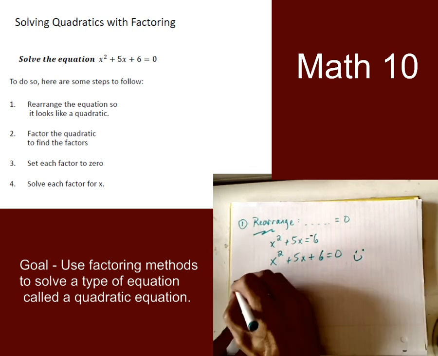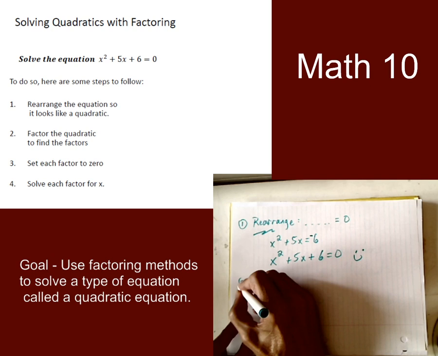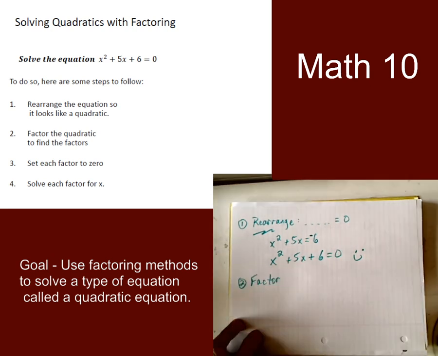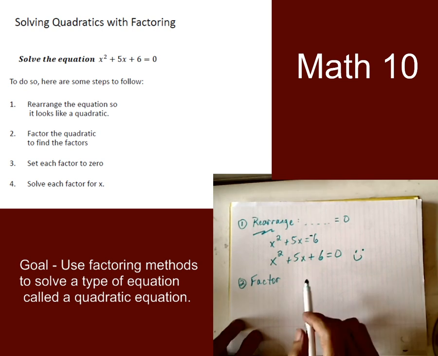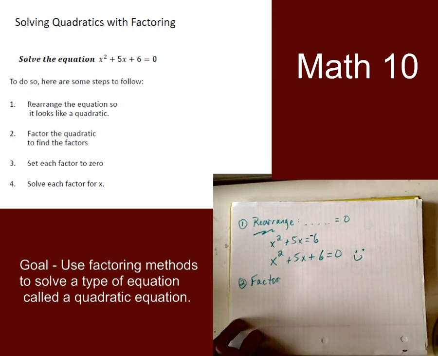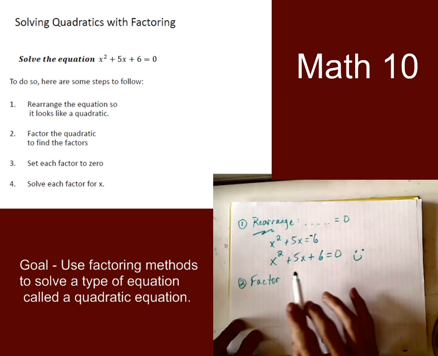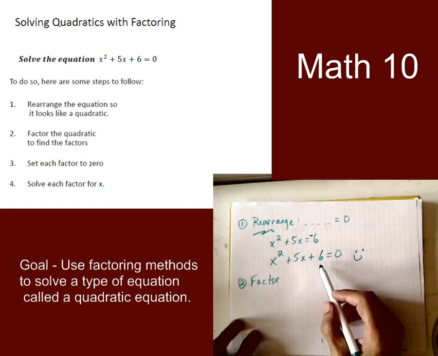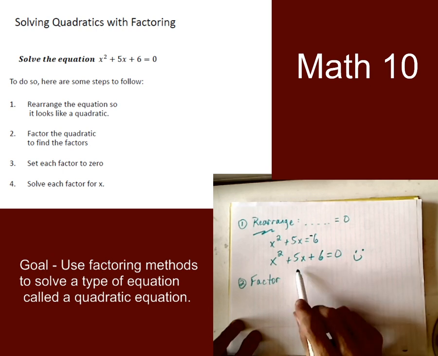Number 2 now. Because of all the practice that we've done, you just factor it. Whatever it is you're looking at, there are some special things to do. Because it's 3 terms like this, what we want to do is find 2 numbers that multiply to 6 and also add up to 5.